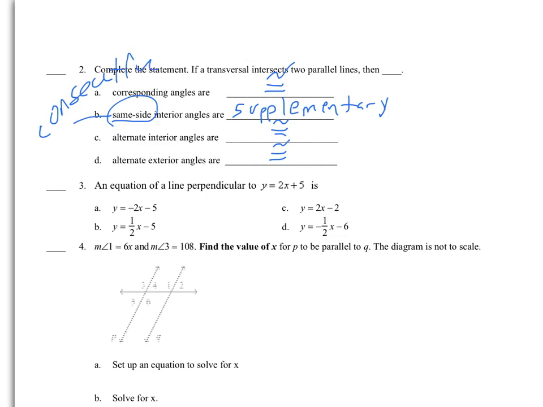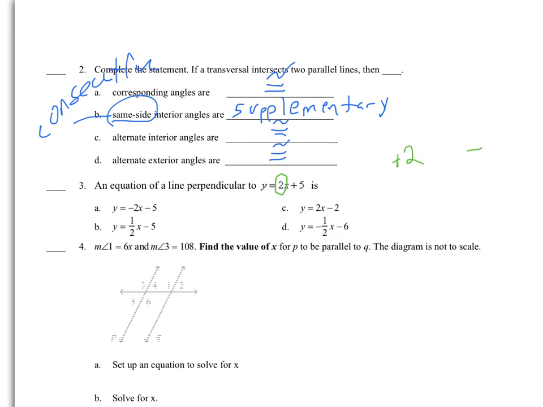Okay. Number 3, an equation of a line perpendicular to y equals this line right here. Which of the following lines can be perpendicular? Well, the way we know that is by looking at the slope, since this is in slope-intercept. If the slope is 2 and we need a line perpendicular, then remember it's going to be the opposite sign, so this is positive, so our slope is going to be negative.